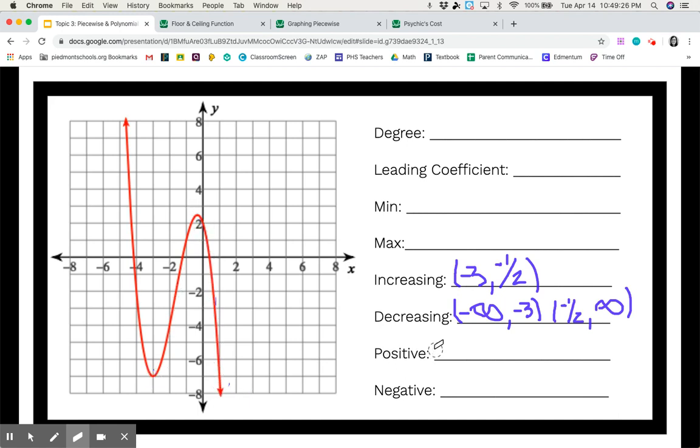So then we want our positive and negative intervals. So positive interval, that's going to be where I'm above the x-axis. So here I'm above, and it looks like here I am above. Okay, so I have two different positive intervals. That first one starting all the way at the left, that's at -infinity. And I am positive until I reach that x value of -4.